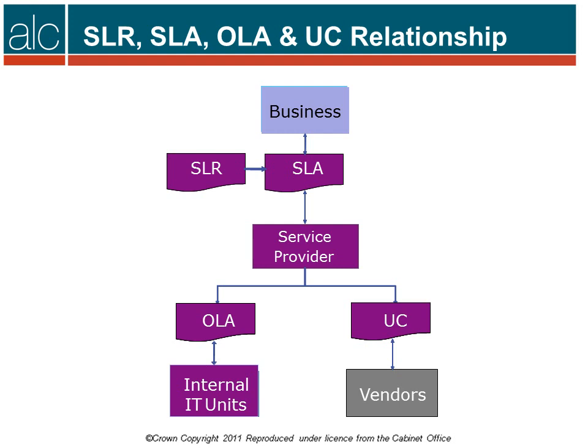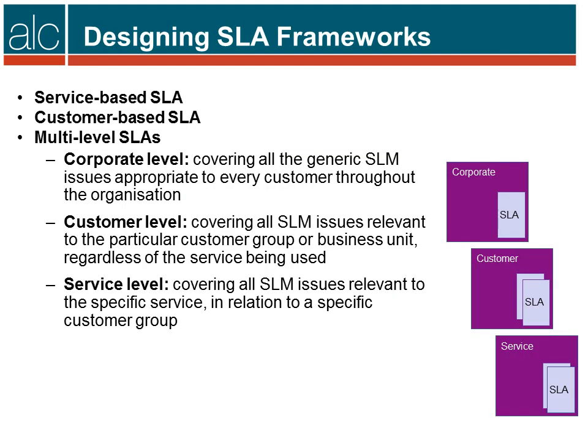And when it's between the service provider and internal IT unit, this is known as operational level agreement, OLA. And if this is a contract between the service provider and vendor, it is commonly known as the UC, underpinning contract. These are different ways of configuring service level agreements. You have service-based SLA, customers-based SLA, and multi-level SLAs.